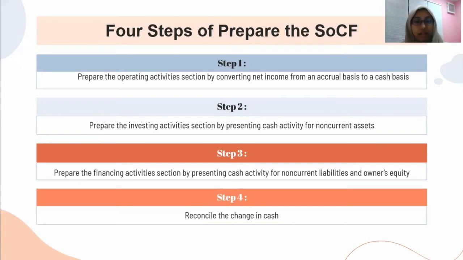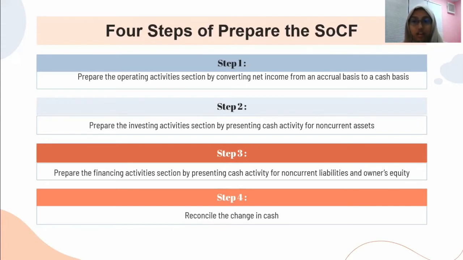Then prepare the financing activity section by presenting cash activity for non-current liabilities and owner's equity. This step focuses on the effect changes in non-current liabilities and owner's equity have on cash. And finally, reconcile the change in cash.